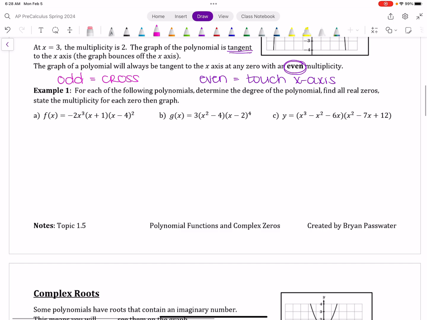So first, we have f of x, and if we look at that function, it is already completely factored, so we do not have to do any work to find our zeros. And f of x, its degree, if we look at all of our exponents, so we have 3 plus 1 plus 2 is a degree of 6.